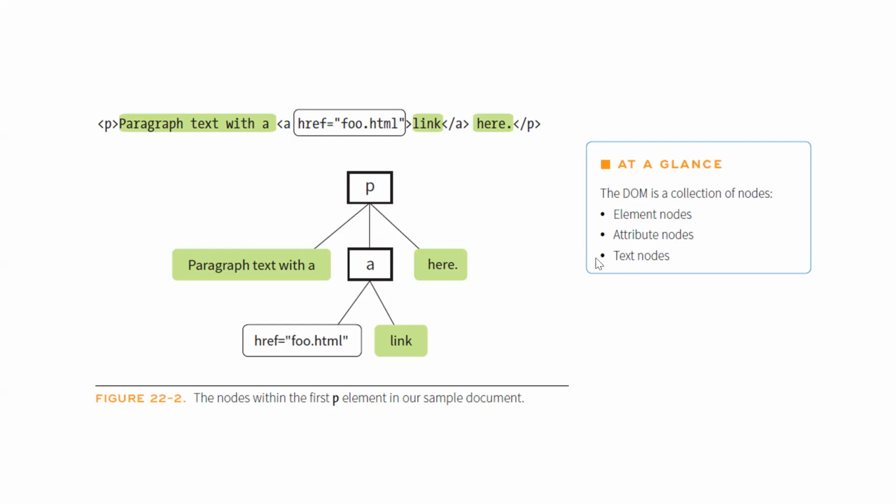Then we have attribute nodes, some attributes like href. And then we have text nodes. So we have a p element, an a element, a set of attributes like a href, and then the remaining ones are the text.